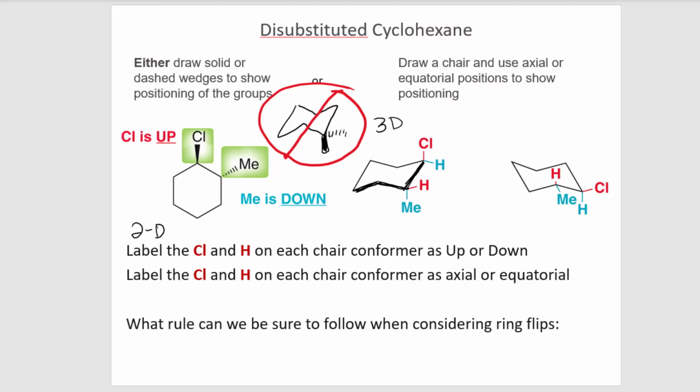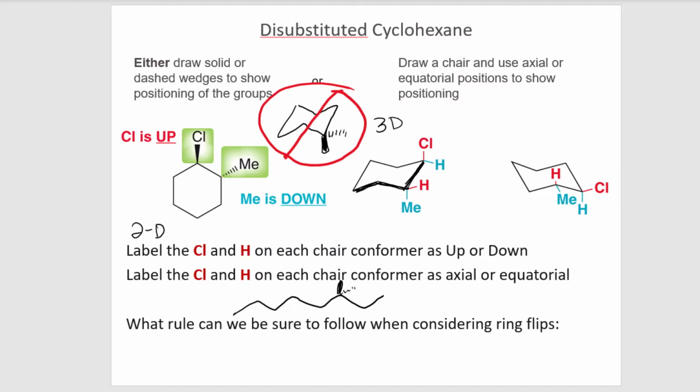The wedges and hashes are reserved for when we draw very flat, planar looking molecules. We need those wedges and those hashes to indicate some three-dimensional tetrahedral nature.